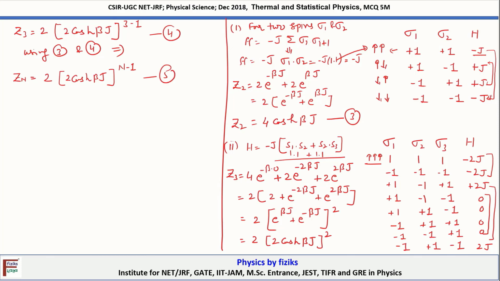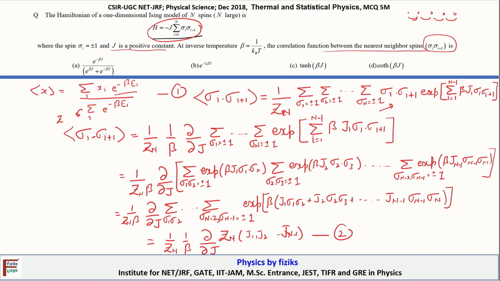Now equation 2 and equation 5. What is our equation 2? That's basically the equation that we developed for determining the average value of sigma i times sigma i plus 1.